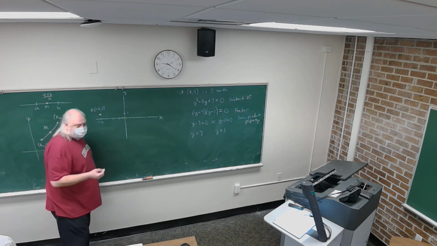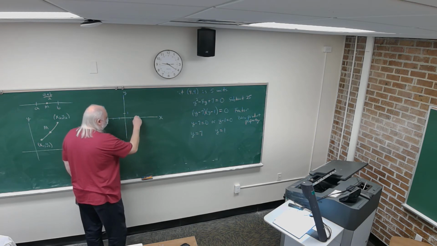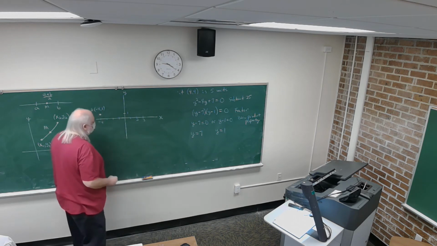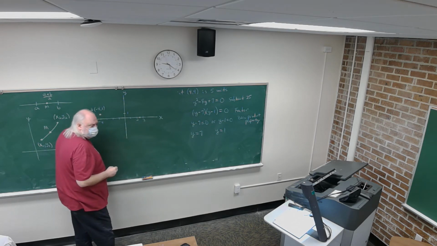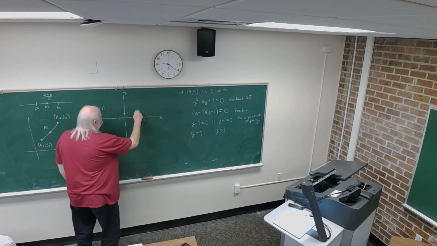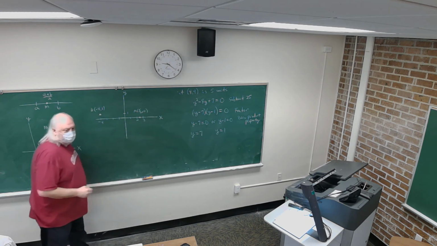Well, 5 halves is the same as 2.5, right? So here's x equals 1, x equals 2, x equals 3. So 5 halves is halfway between 2 and 3 on the x-axis. And so this is the midpoint M at (5/2, 0).